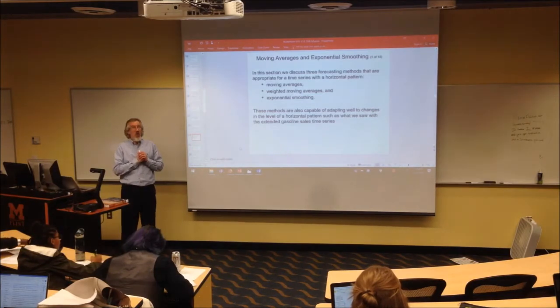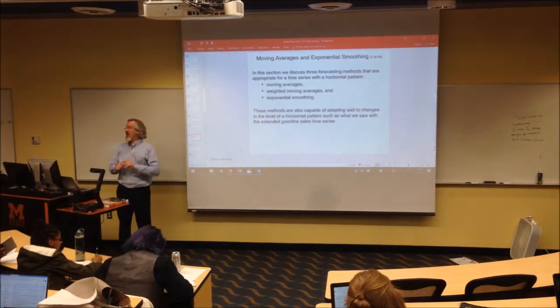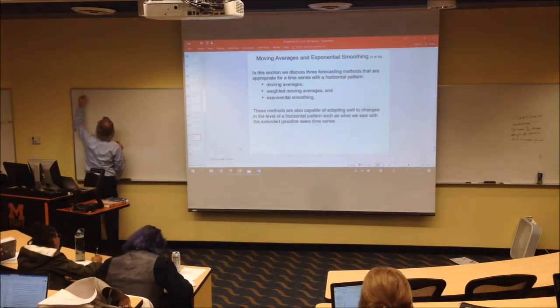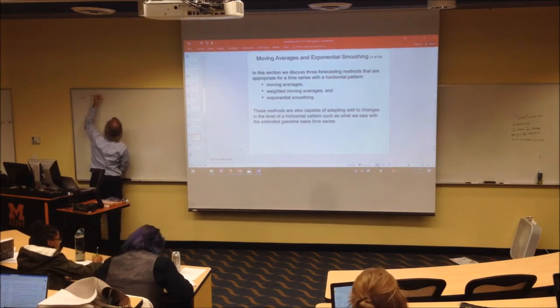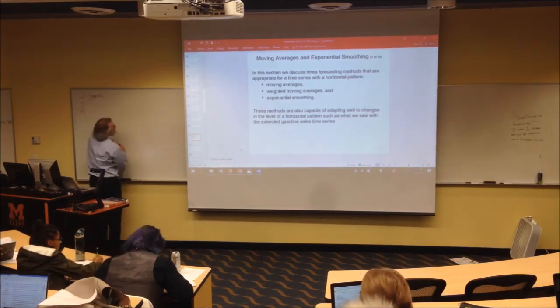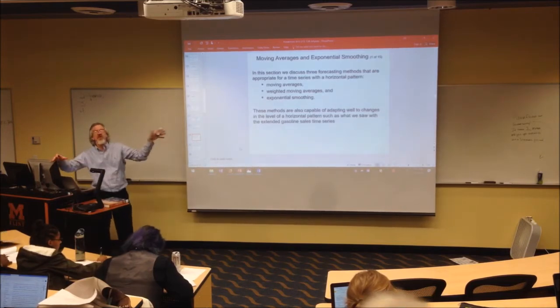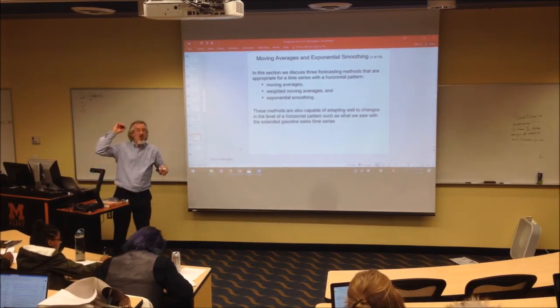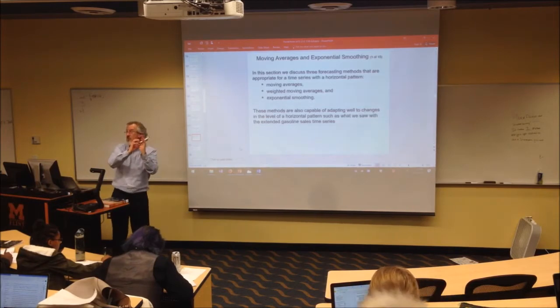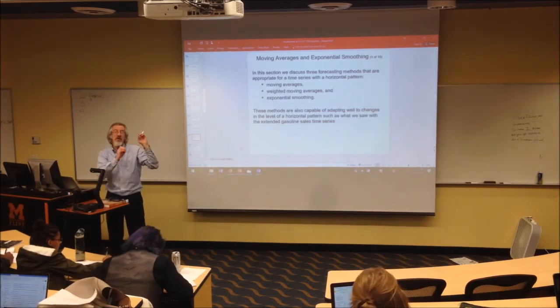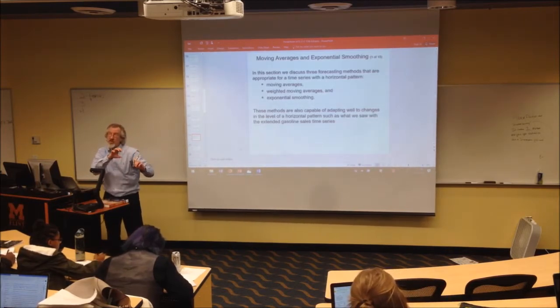Ready? Whatever amount of periods of moving average, there could be 2 period, 3 period, 4 period, 5 period, 6 period. It will tell you the number of periods, and it'll say moving average. Whatever amount of periods you use are the periods before the period you're forecasting.